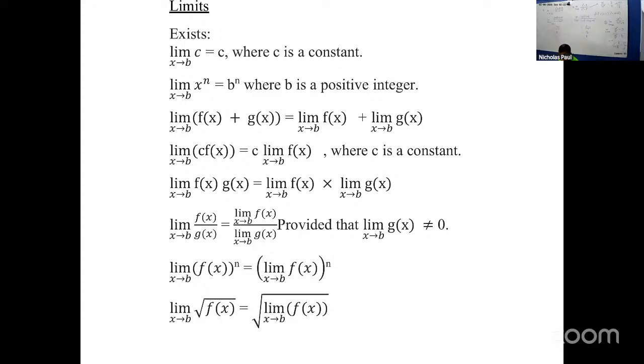Summation, right? So limits and summation have some similarities. So the limit of x to the n is just putting b to the n. If I have a sum, I can split it up individually and do them. You okay with that?